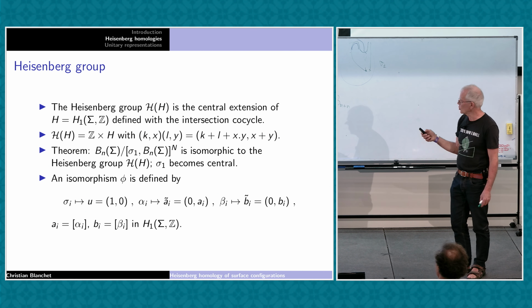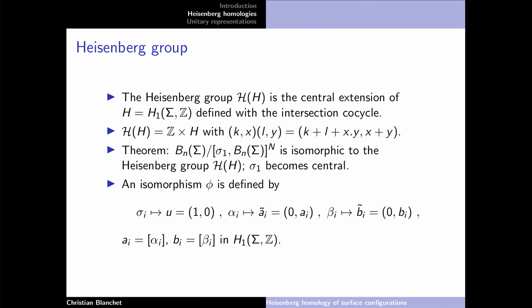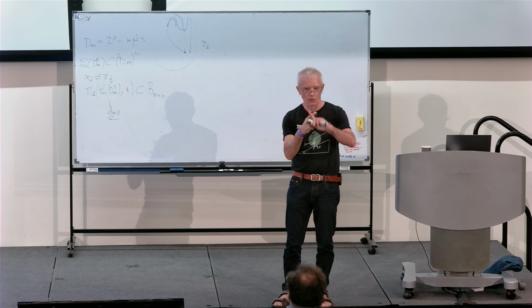We have this quotient map. The a_i tilde is a preferred lift in the Heisenberg group of the homology class a_i. But we should be careful that if you multiply a_i tilde with b_i tilde, you will get a_i plus b_i as a second parameter, but a 1 in the first, in the central charge, because of the intersection of a_i with b_i.